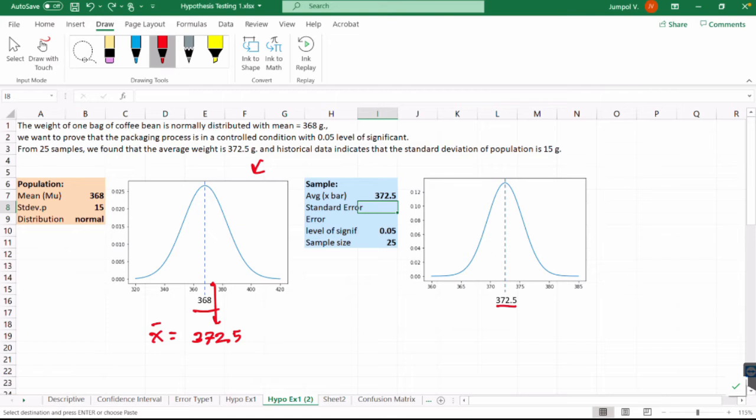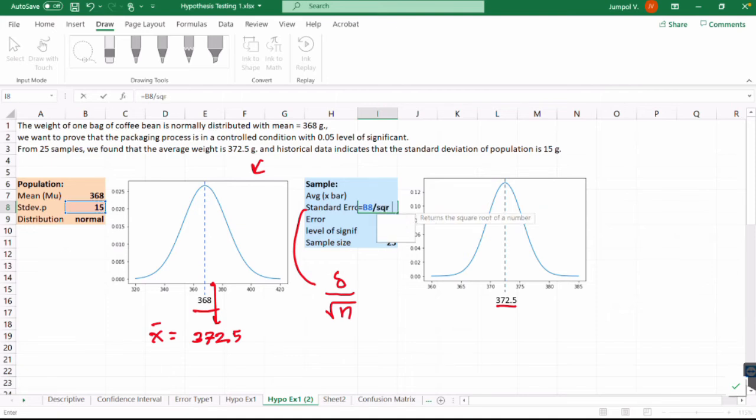The formula for standard error is the standard deviation of the population or samples divided by square root of n. So it's going to be equal to 15 divided by square root of 25. So the standard error is 3.